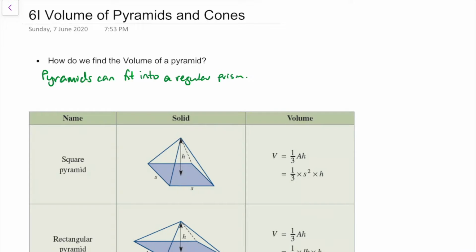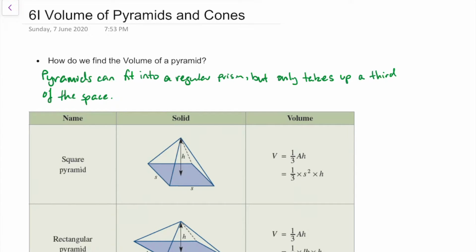But it doesn't take up the whole size of the prism. It actually only takes up a third of the prism. It only takes up a third of this space.